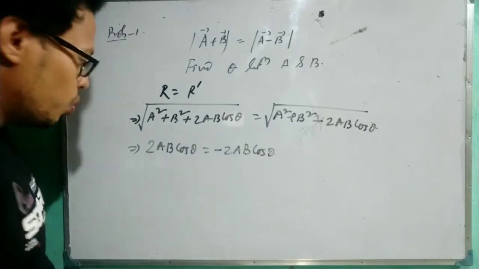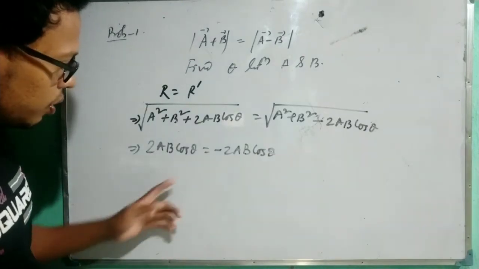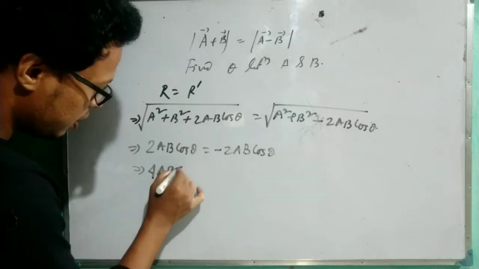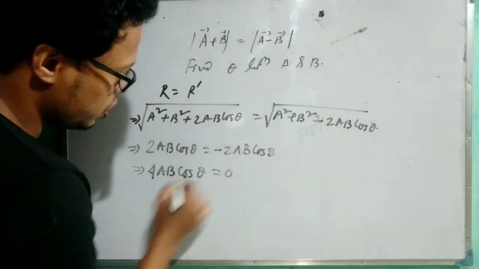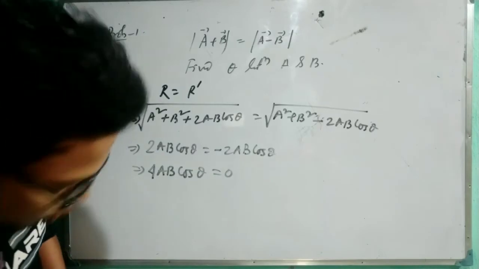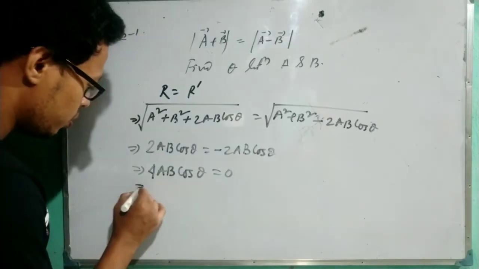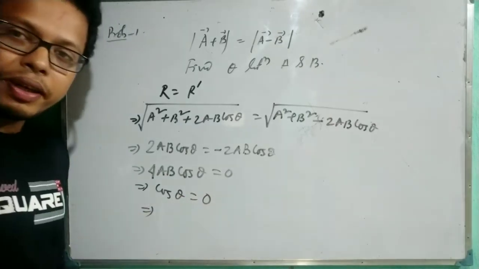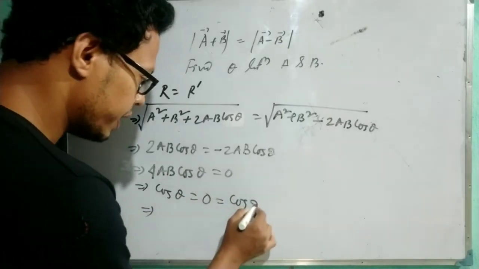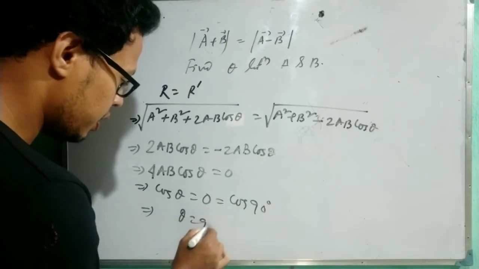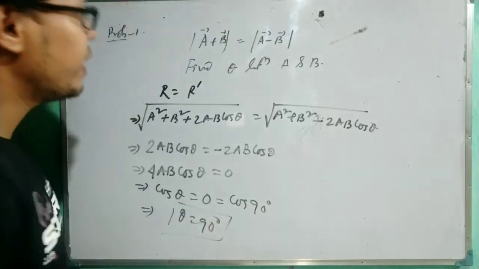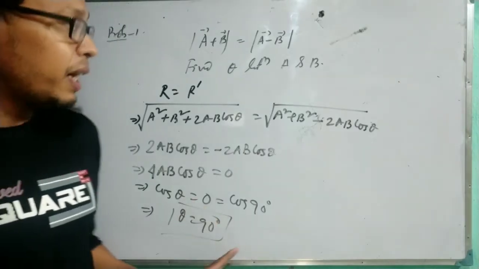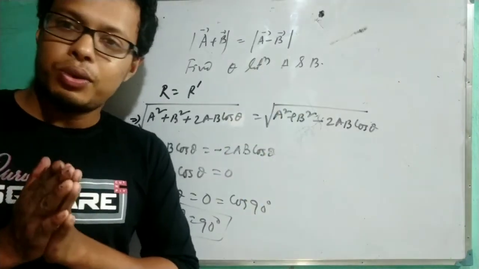From here we can write 4AB cos theta equals 0. So cos theta equals 0, which means cos 90, so theta will be 90 degree. So when mod A plus B equals mod A minus B, then theta will be 90 degree, they are perpendicular to each other.